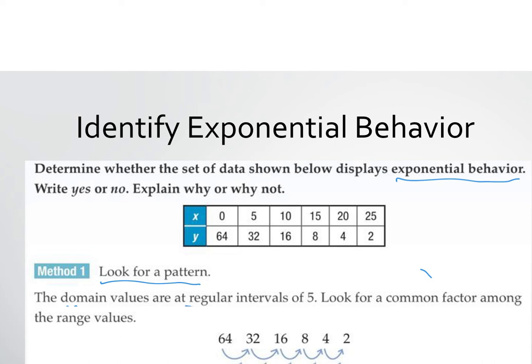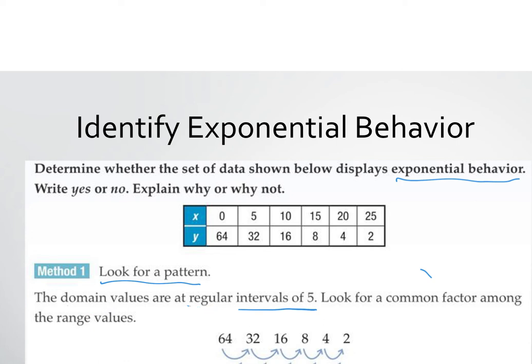Check and make sure the x values are increasing or decreasing at a constant rate. Because otherwise, if you go from an x value of -10 and then your next point is all the way in the positives, yeah, that's going to throw off your ratio. So make sure your domain values are increasing or decreasing at a constant rate.